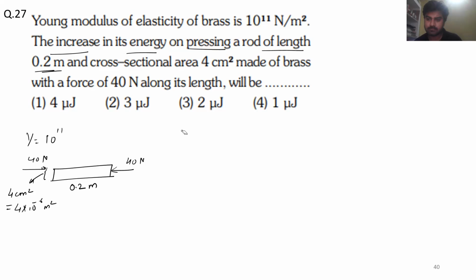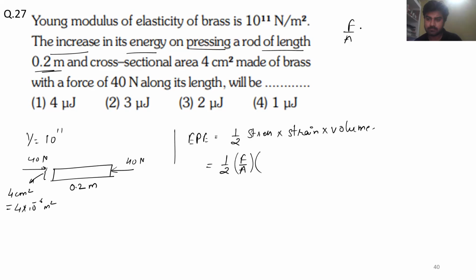We already know that elastic potential energy is equal to half stress into strain into volume, right? Now it is very simple. Stress is force upon area. Strain, what was the relation?